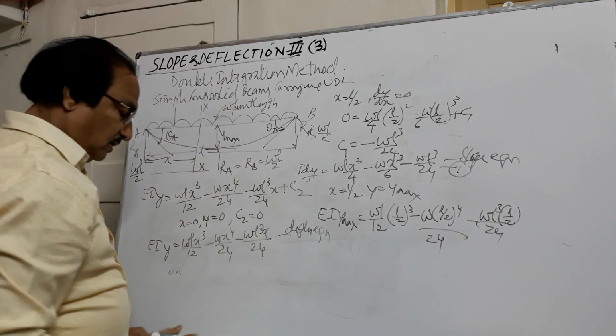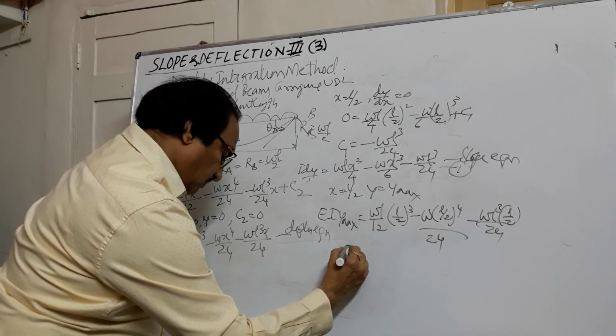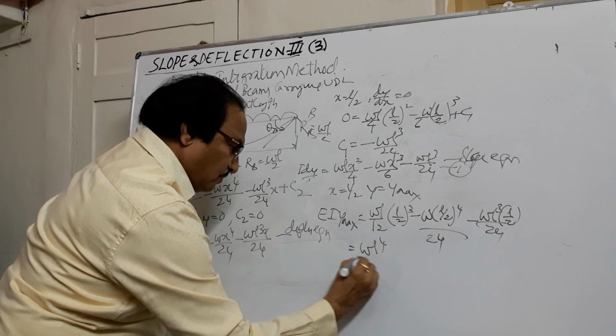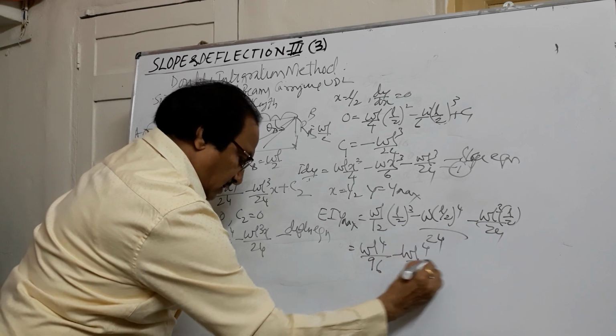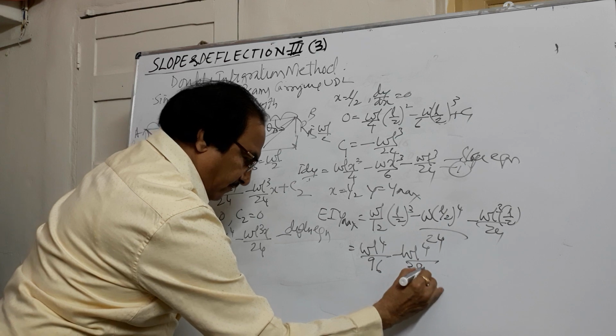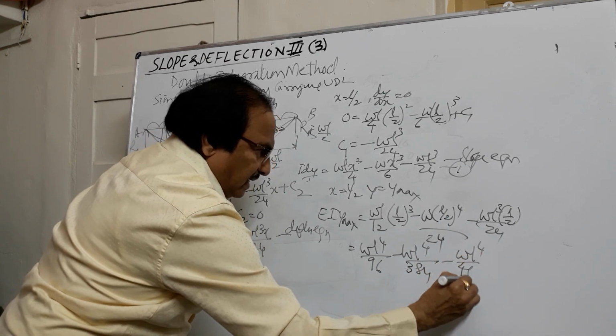Now if you find the LCM and simplify, this will be equal to WL raised to 4 by 96 minus WL raised to 4 divided by 384 minus WL raised to 4 divided by 48.